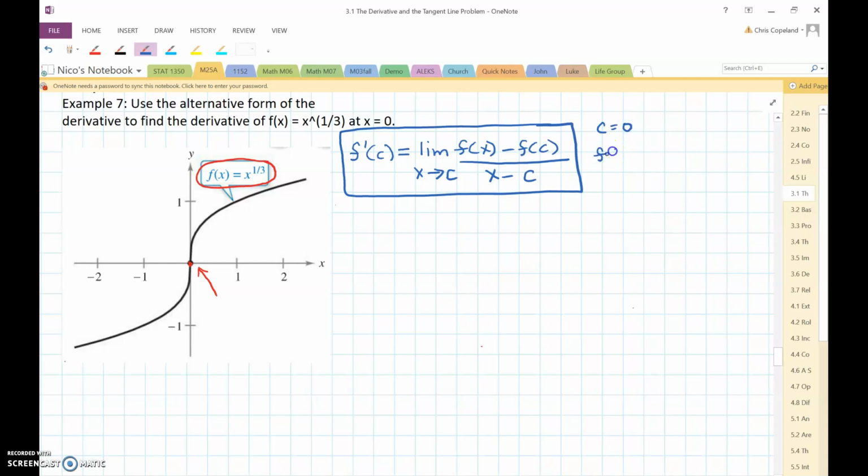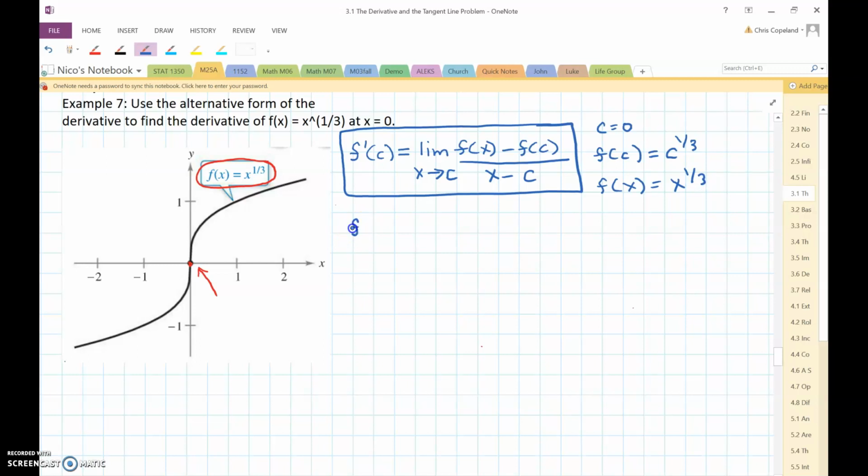F of c would be equal to c to the 1/3 power. F of x is just x to the 1/3 power, and x is obviously just x.